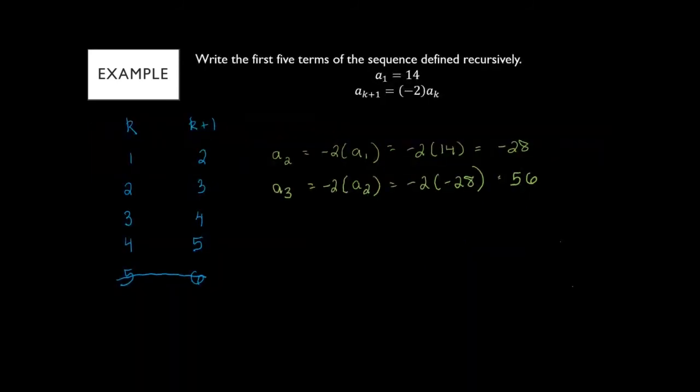But with recursive formulas, you do. So recursive is nice because you can see the formula, and it usually makes the formula simpler, but the downside is that you can't skip ahead for certain terms. You have to calculate all the prior terms in order to find the term you're interested in.